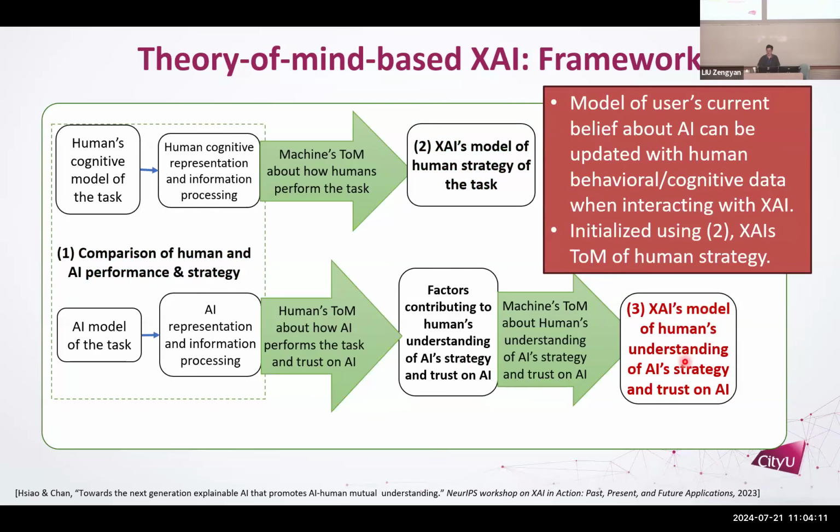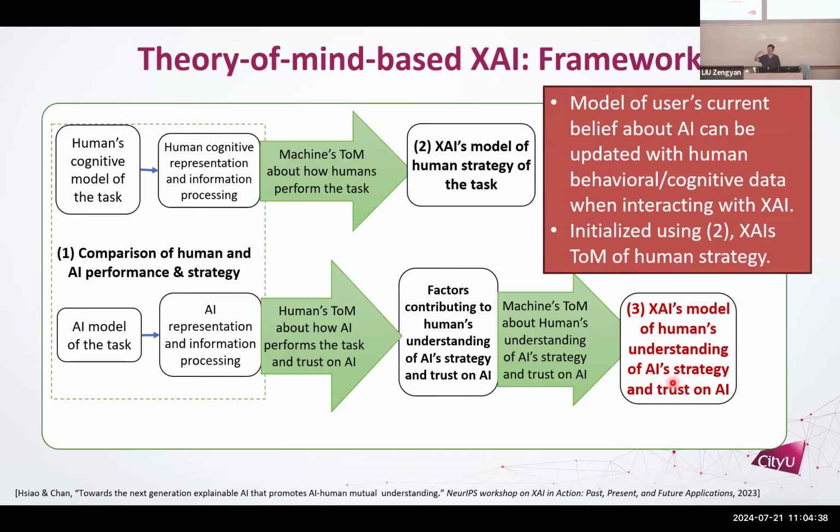The third thing is that we need to create the XAI's model of the human understanding. This is the second order model, and it will be used when I want to present examples. I can look at the difference between the XAI's model of human understanding and the XAI's model of AI. If these two differ, I can find examples that are most different and present them to the user in order for the user to update his mental model.